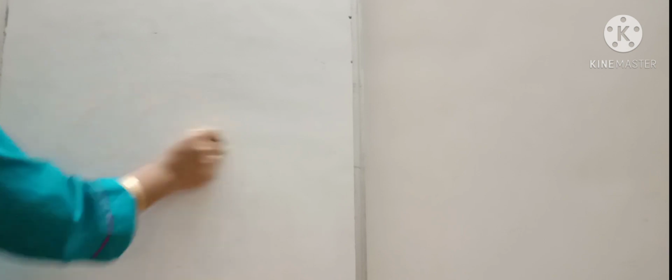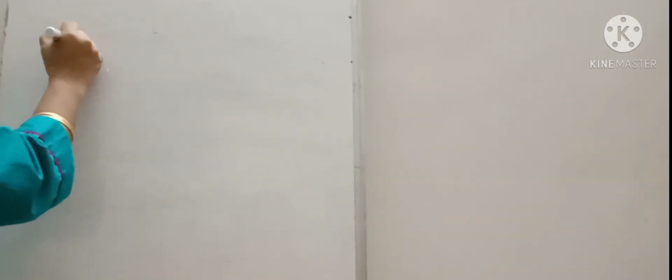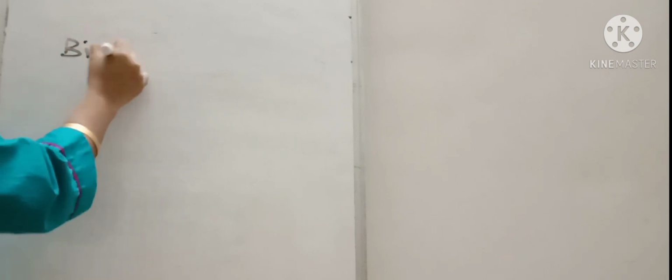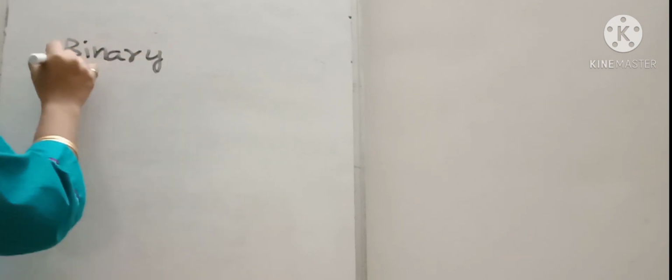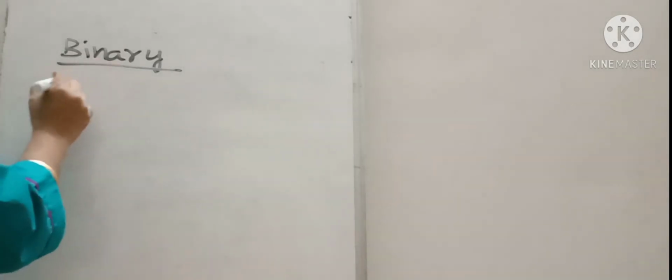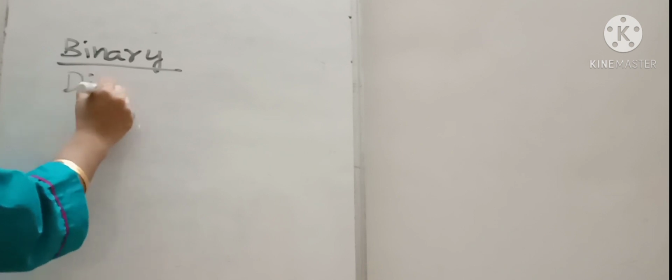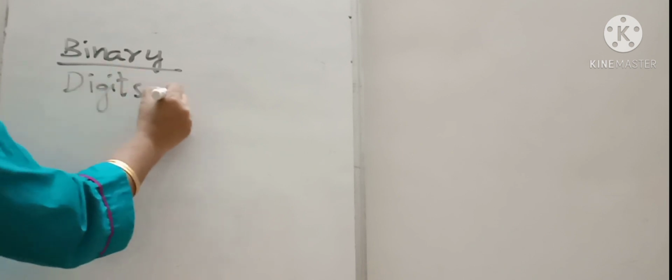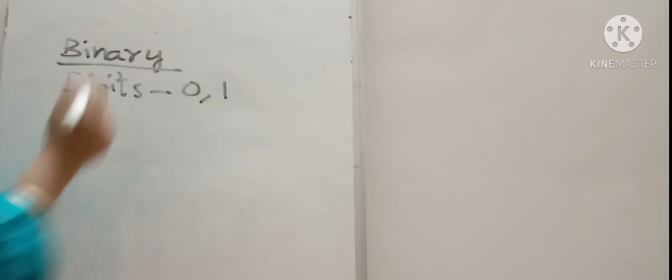Next, we will discuss about the binary number system. We know that a binary number system is the number system of computer, and binary means 2, and we use 0 and 1 as the digits here.